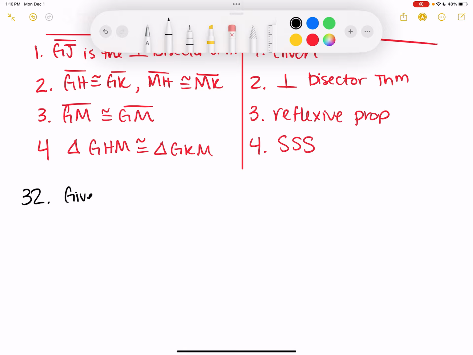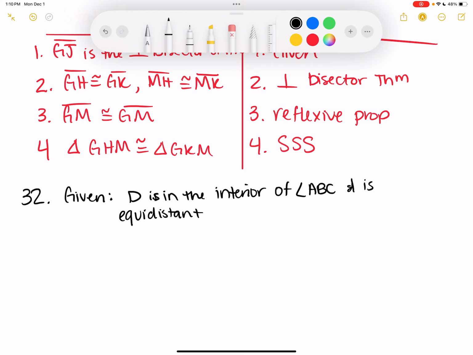So the given is that D is in the interior of angle ABC and is equidistant from ray BA and ray BC.